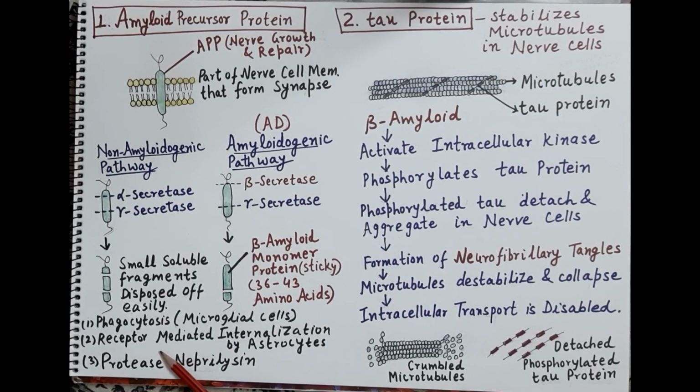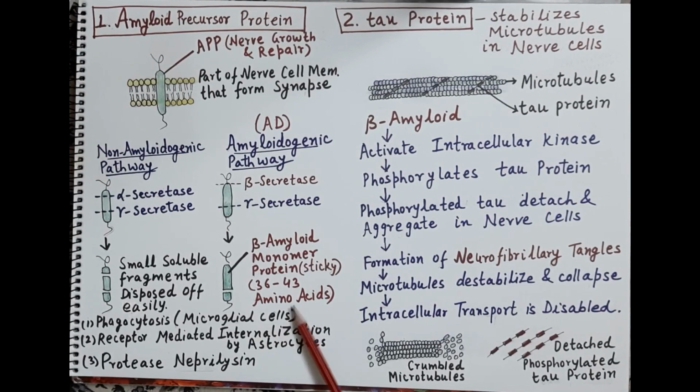It is removed by receptor mediated internalization by astrocytes, and it is also broken down by the protease enzyme termed neprilysin. So these are the methods responsible for disposing of beta amyloid monomer protein from the body.